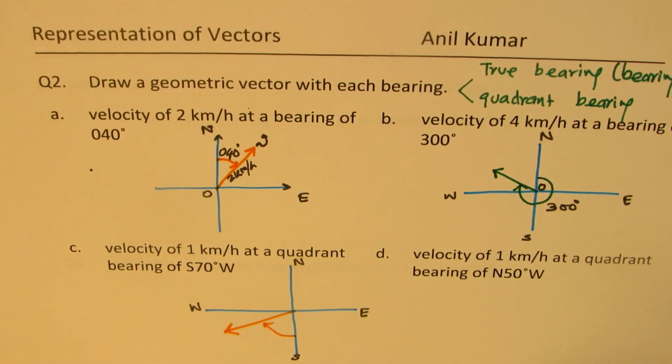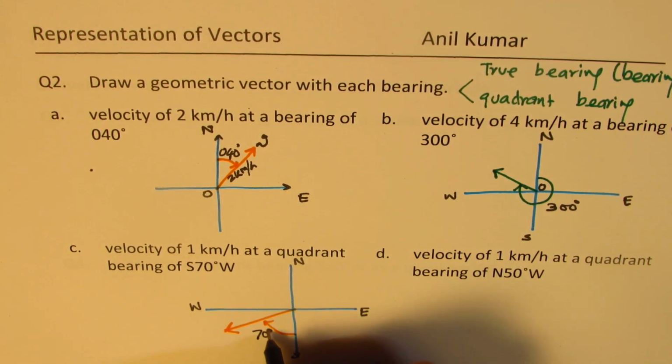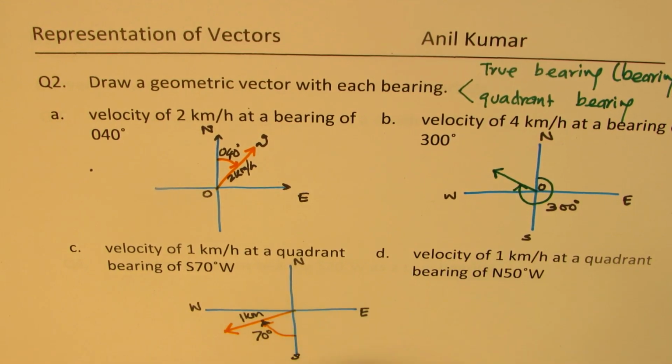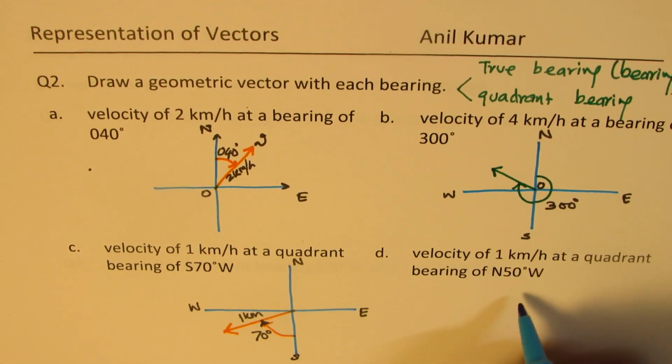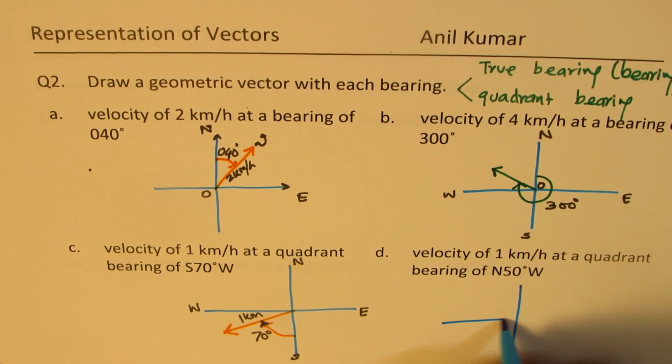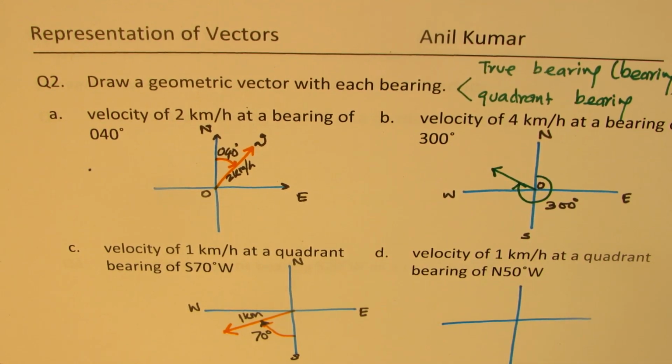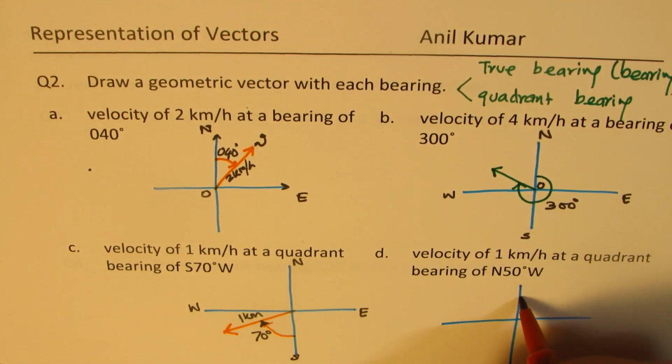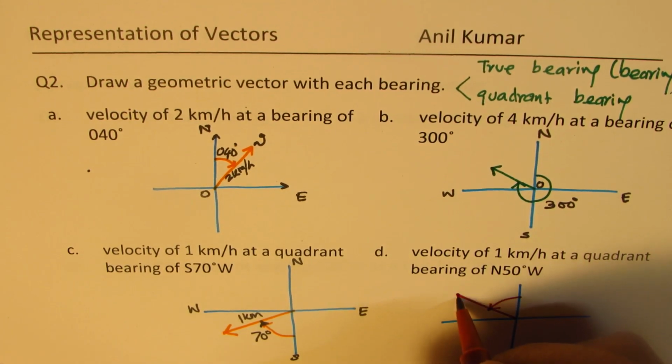So the length will signify 1 kilometer. Is that okay? So that will be your quadrant bearing from south 70 degrees west. Next one here is velocity of 1 kilometer per hour at a quadrant bearing of north 50 degrees west. So from north 50 degrees west. Clear? So that will be the angle.